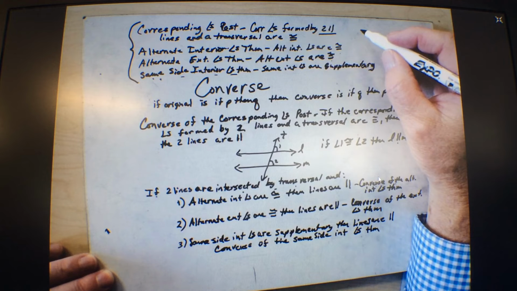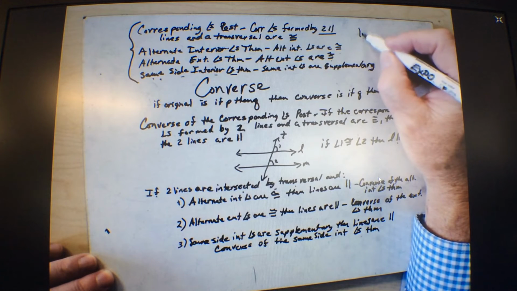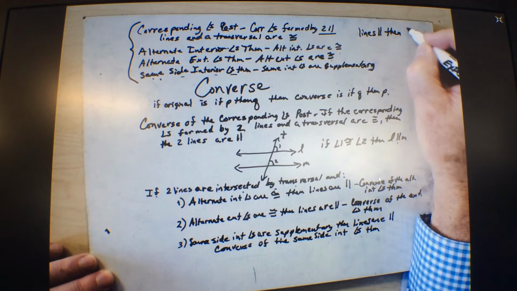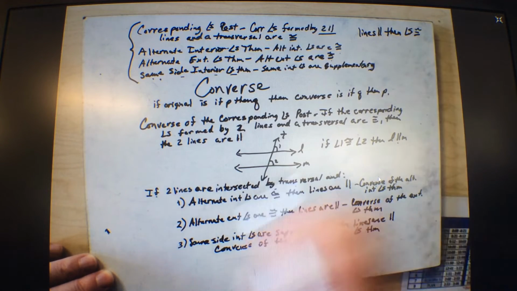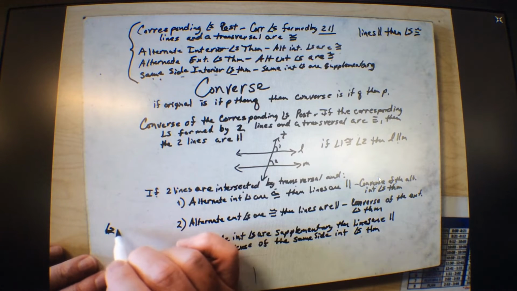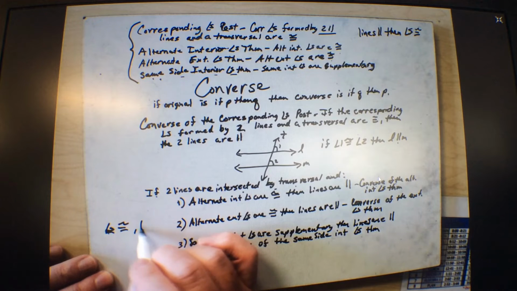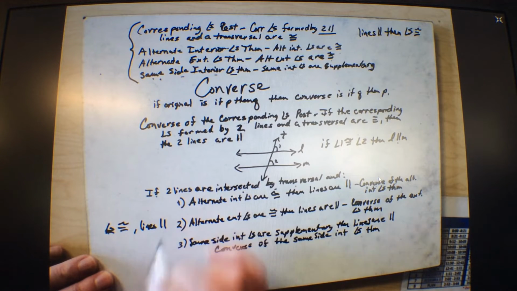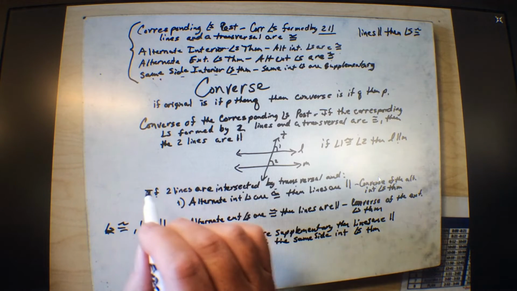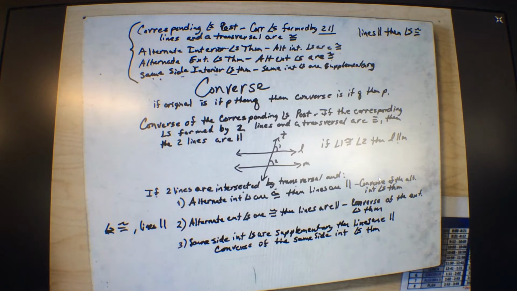This one starts with lines parallel, then angles congruent. This one goes angles congruent, lines parallel. Okay? For these ones. All right? Okay, I'm going to erase. You ready? 1 sec.